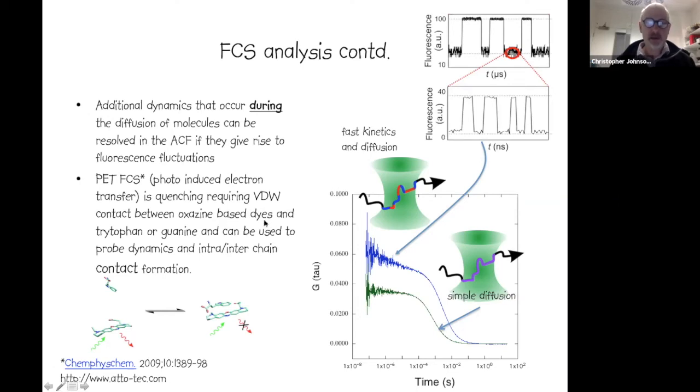And these oxazine fluorophores are very effectively quenched when they come into van der Waals contact with either tryptophan residues or guanine residues. So this is a very nice way of generating additional fluctuations, because these are possibly intrinsic to your biology of interest. So we can start to look at intra-chain and interchain contact formation.